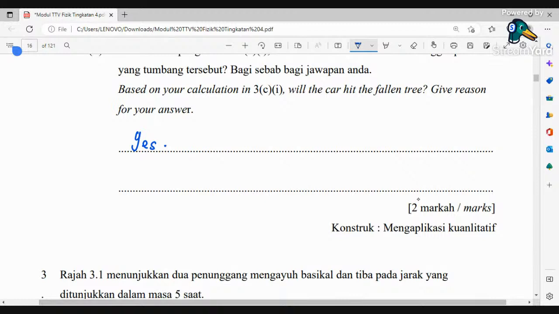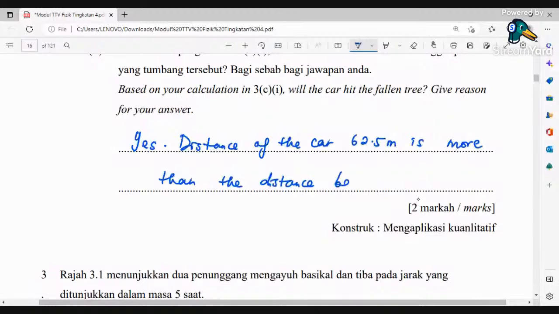Because this distance of the car, 62.5 meter, is more than the distance between car and the fallen tree.